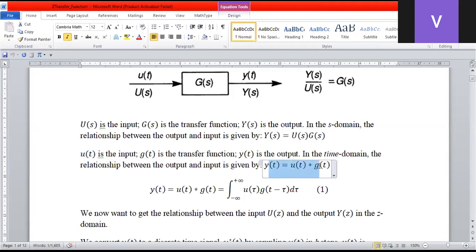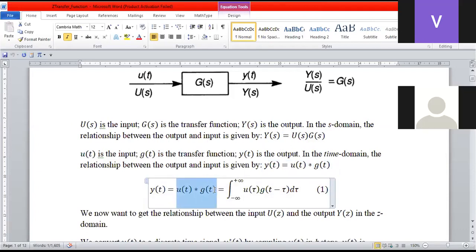The relationship between the input and the output is given by this, where this symbol is the convolution. It's given by the input convolved with the transfer function, represented by this convolution integral. You should have done that in your 412 and in your 322.